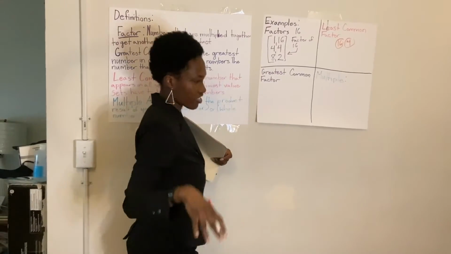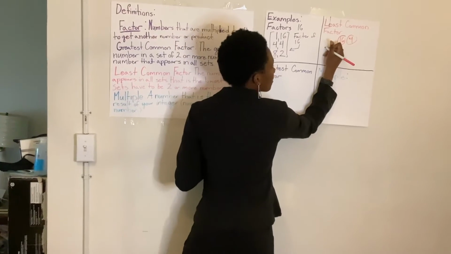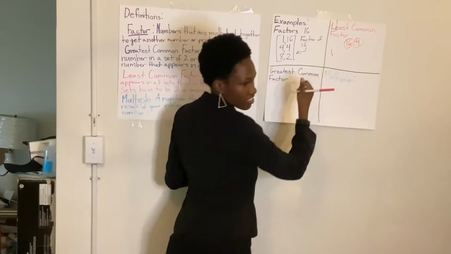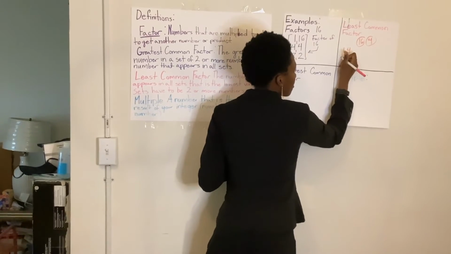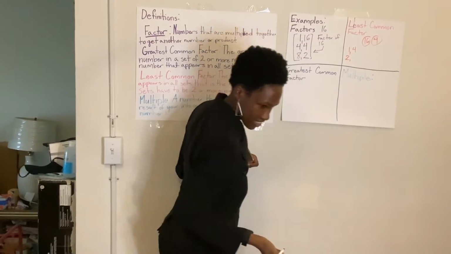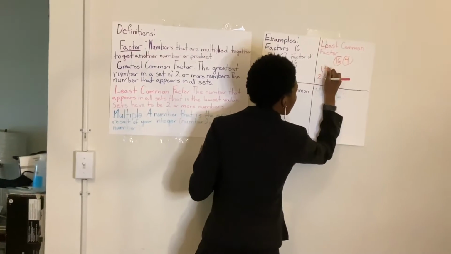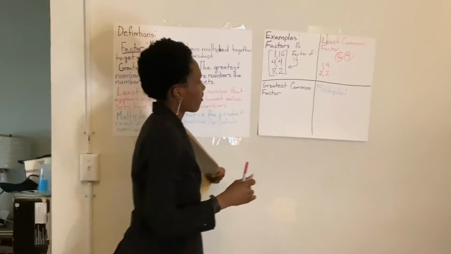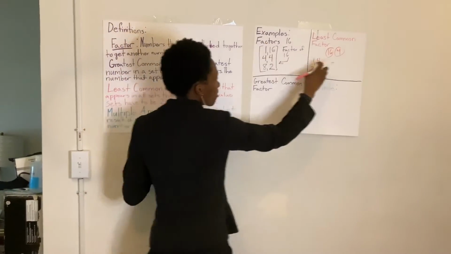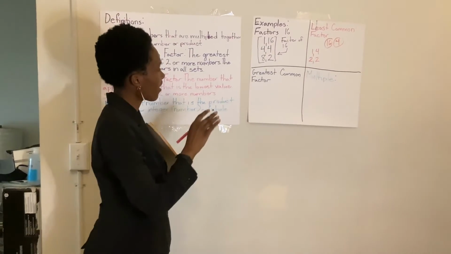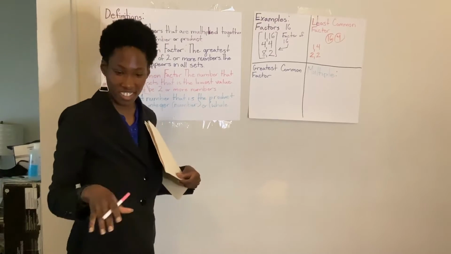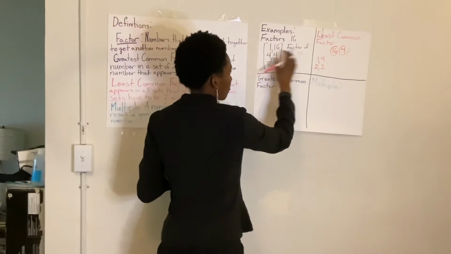So we need the numbers for 4. 1, obviously, times 4 is 4. 2 times 2 is 4. So now that we have these numbers and these numbers, out of all of them, what is the lowest number that appears in this group and this group?